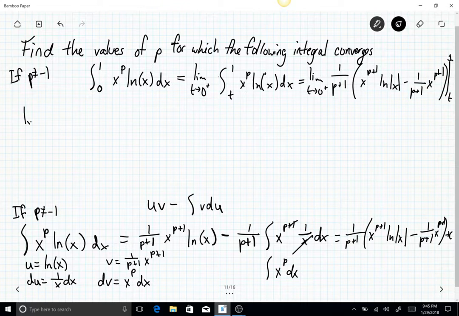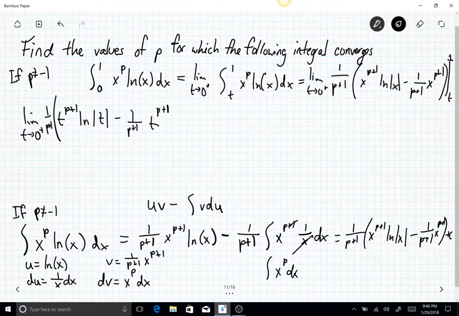So now moving forward, what do we get? We get the limit as t approaches 0 from the right. This will be t to the p plus 1 natural log of t, which looks like a pain, but we'll be able to take care of that in just a minute, minus 1 over p plus 1, and then it goes t to the p plus 1.